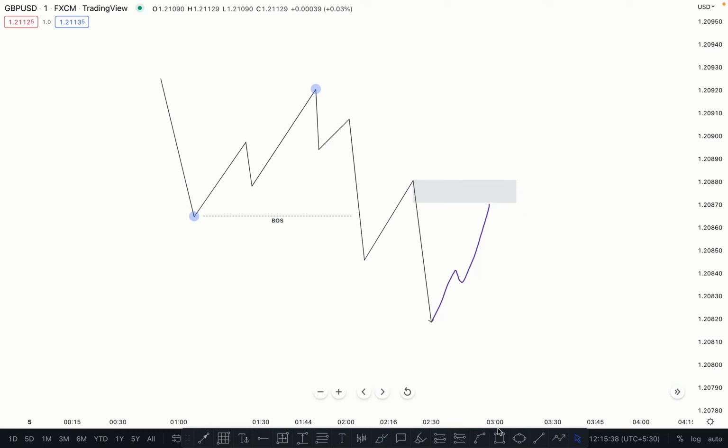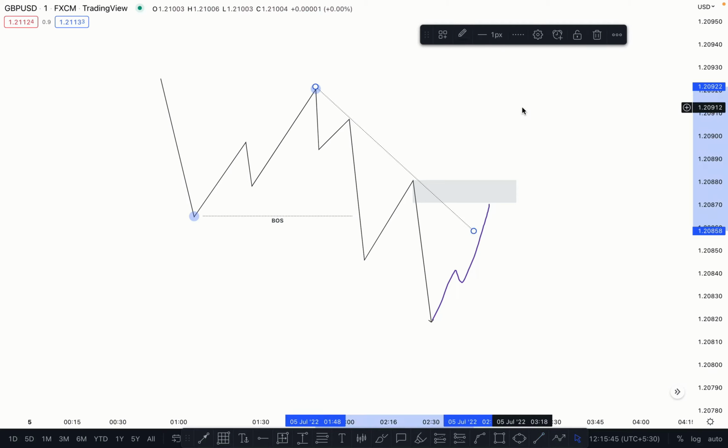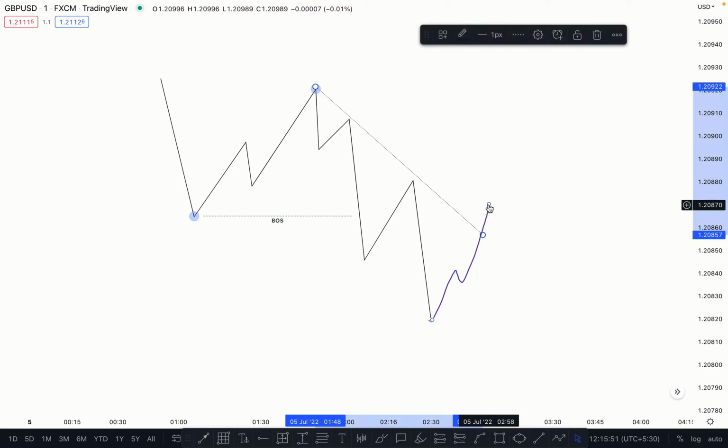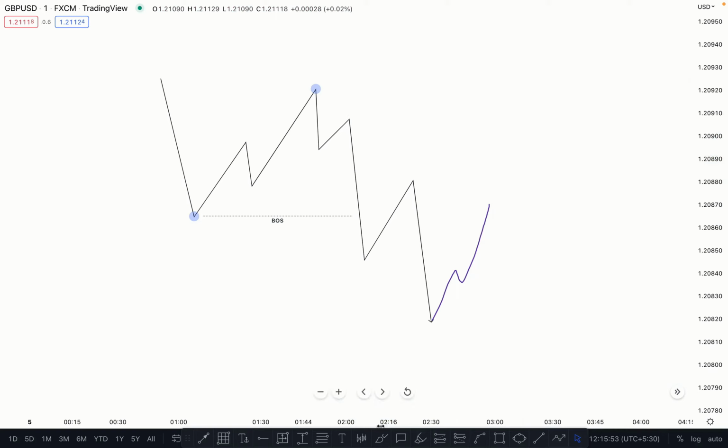Another type of trader trades based on a trend line, so they mark this trend line like this, and they are looking for a sell on this test.